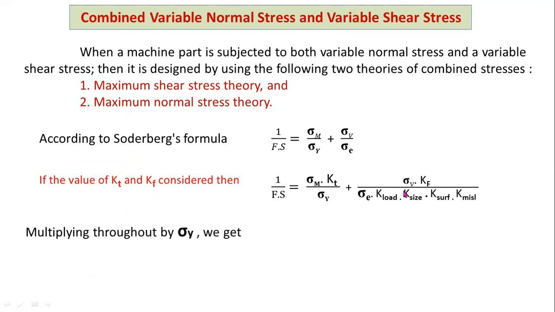Multiplying throughout by sigma y, we get sigma y by Fs equals sigma m into KT plus sigma v into KF, sigma y by sigma e, into load factor, size factor, surface finish factor, miscellaneous factor.